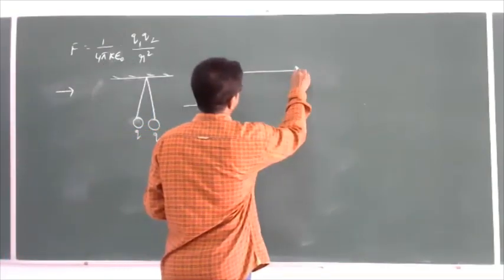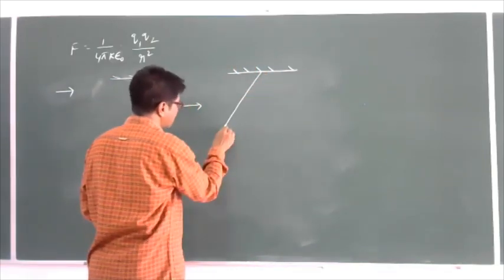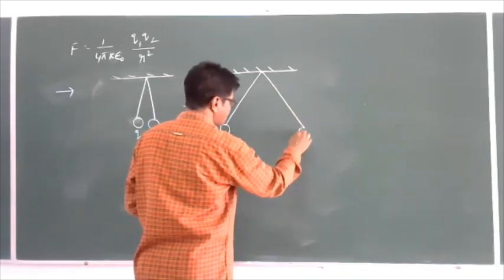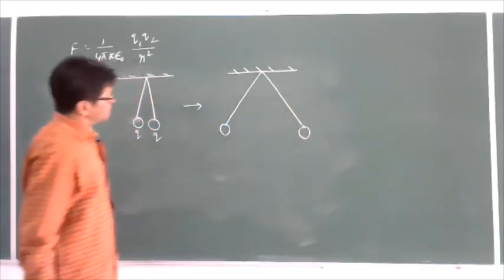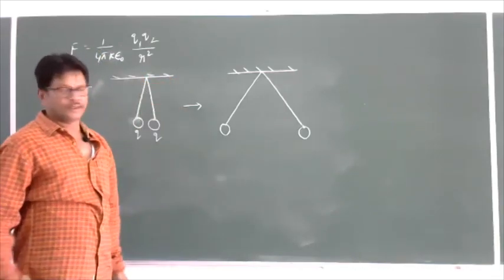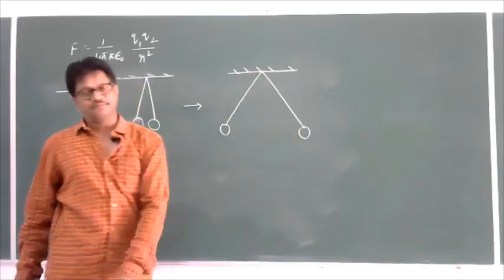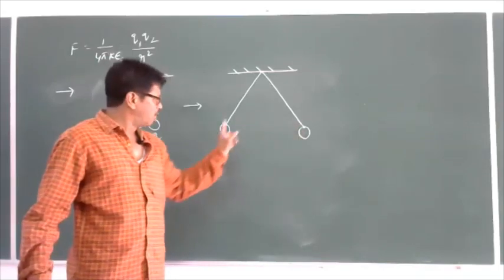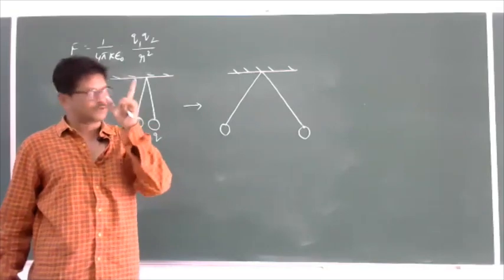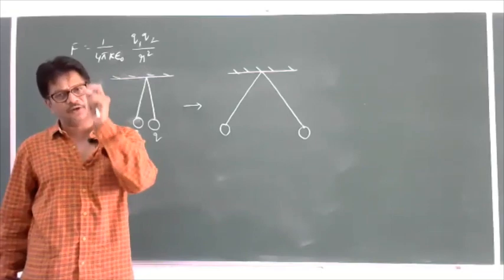Because of that repulsive force, these two balls will move apart like this. After that, they do not move further, which means the two balls reach the equilibrium state. Equilibrium state is nothing but the net force acting on the body being zero.